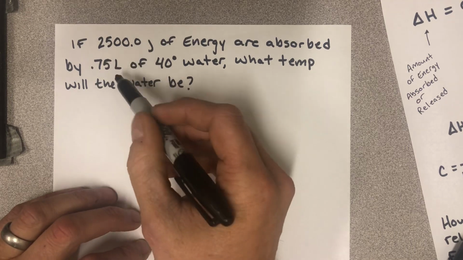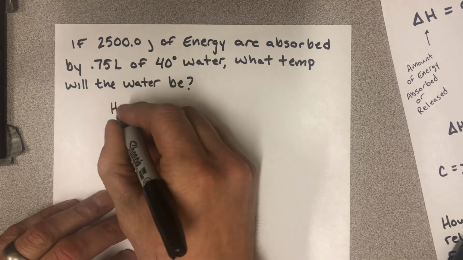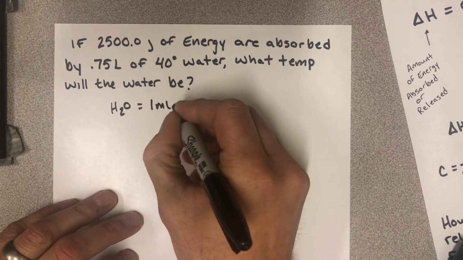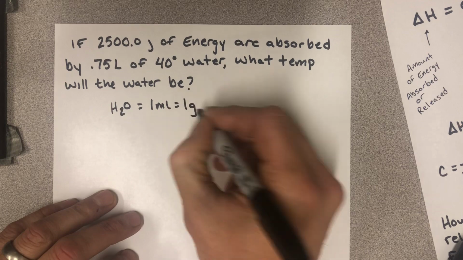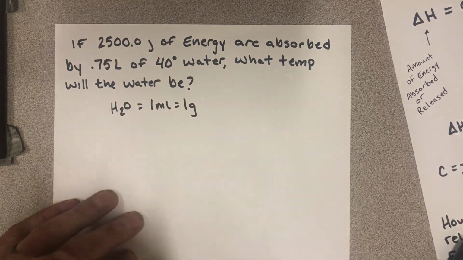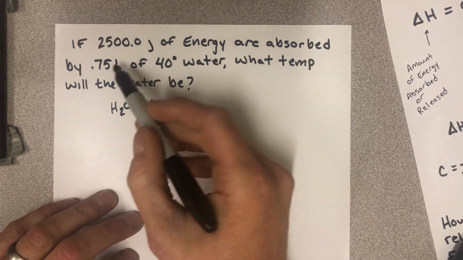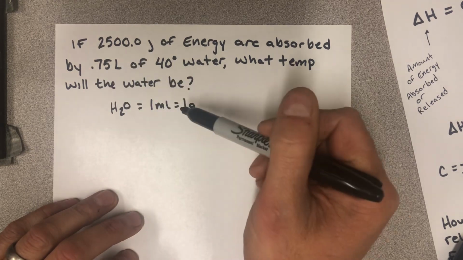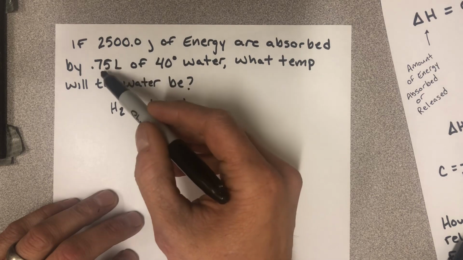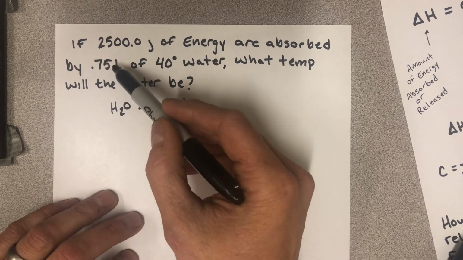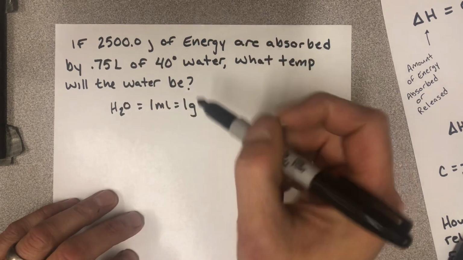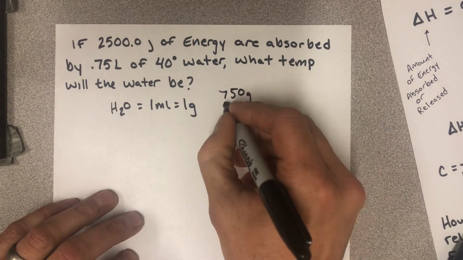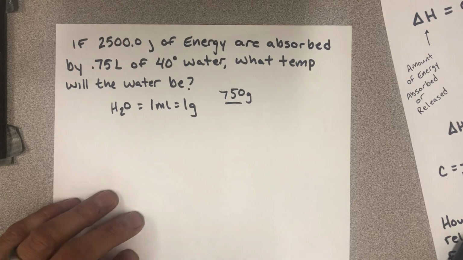It's in liters, but remember that for water, 1 milliliter is equivalent to 1 gram. Okay, that's just for water. But what that means is that, knowing that there's 1,000 milliliters in a liter, this is actually 750 milliliters, which equates to 750 grams. Okay, so that's the mass that we're going to use in this problem.